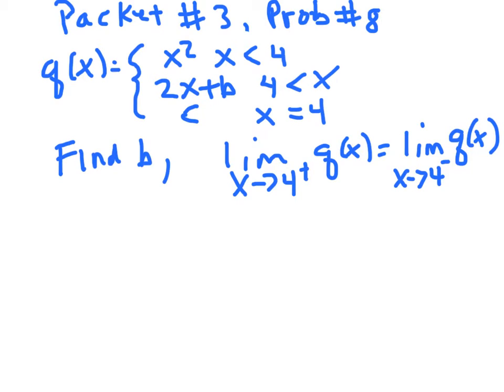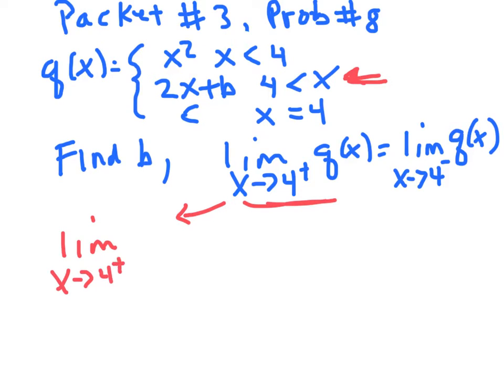With the limit as x approaches 4 from the right, that means all values that I'm going to put into the function have to be bigger than 4, which leads us to this second part of the piecewise function. So I can replace the limit as x approaches 4 from the right of q of x with what q of x is at that point.